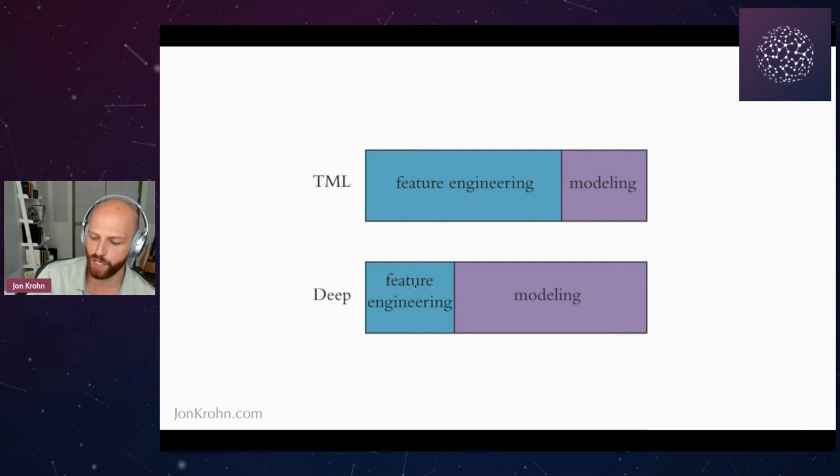So with deep learning, you might spend a small amount of time engineering features out of your data, or you might not spend any time on it at all. You would typically spend all of your time training models, watching them train. They might take hours or days, maybe even weeks, depending on how much data you have and how much compute you have available to you.